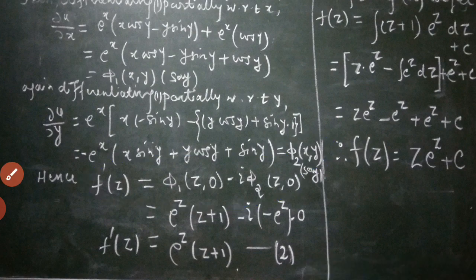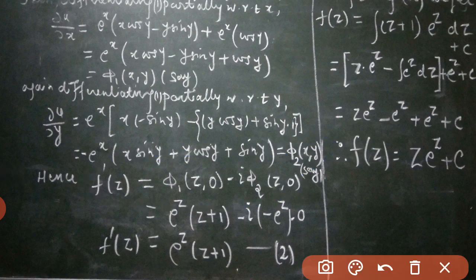Now this is equal to e to the power z times phi 1 of z, 0. So phi 1 of x, y here is as given. While putting y equals 0 we have e to the power z, then this function becomes z, here is z minus 0, and then again we have 1.